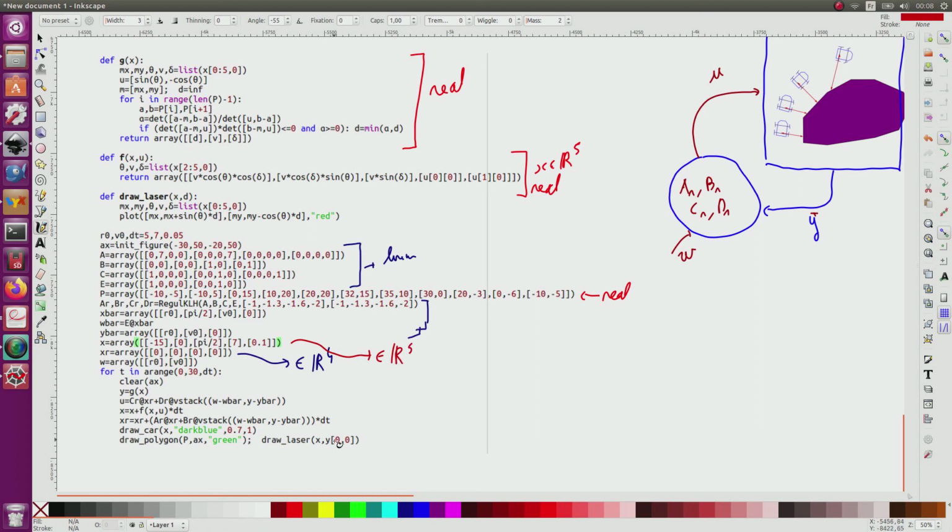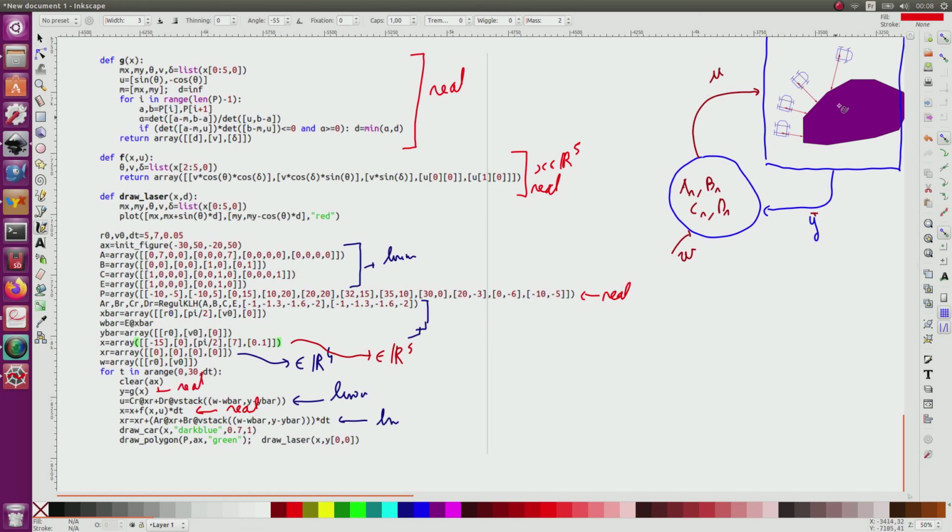Now I have my control loop with here the linear controller, so linear, also linear evolution, but here it is the real system that is integrated, so real also.